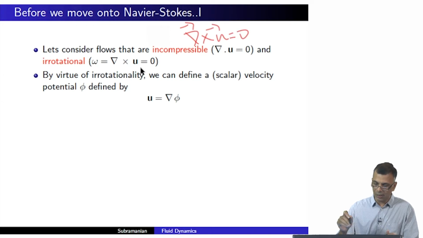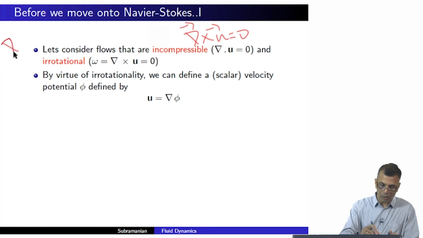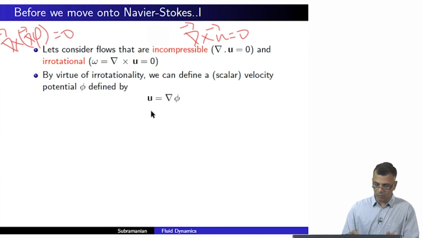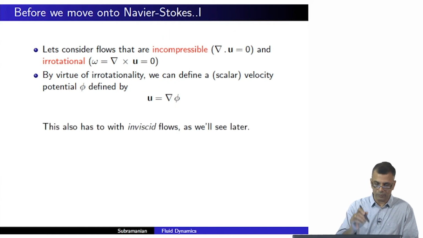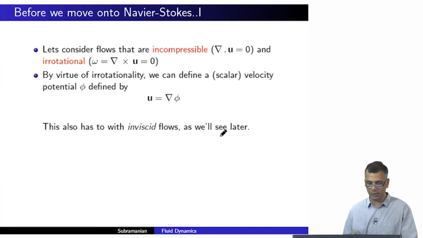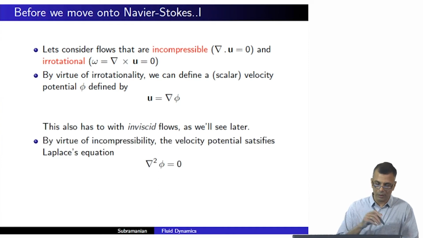In other words, the curl of the gradient of phi is equal to 0. So by virtue of irrotationality, we can define a velocity potential. This has to do with inviscid flows, as we will see later. I just explained this to you.